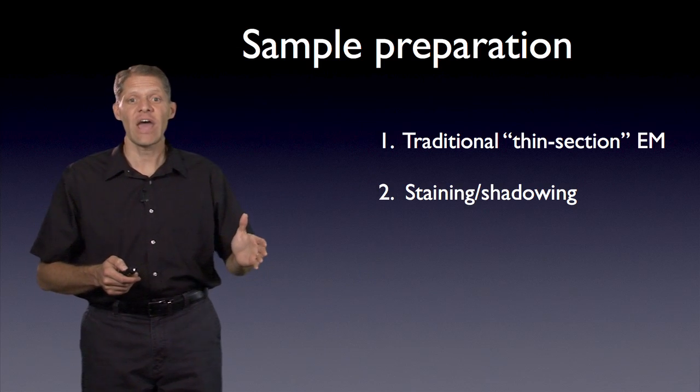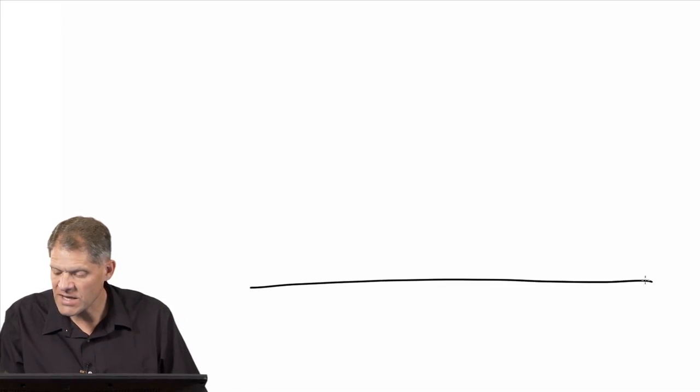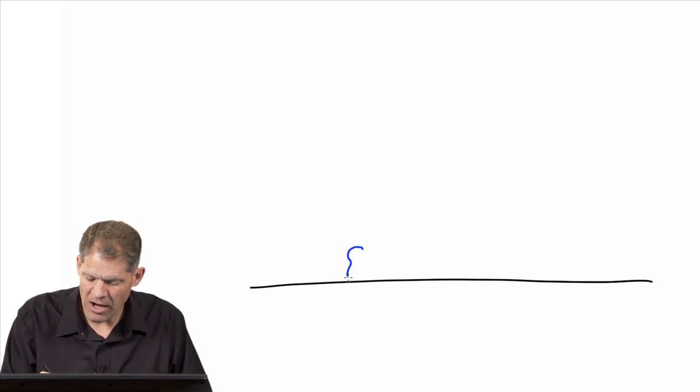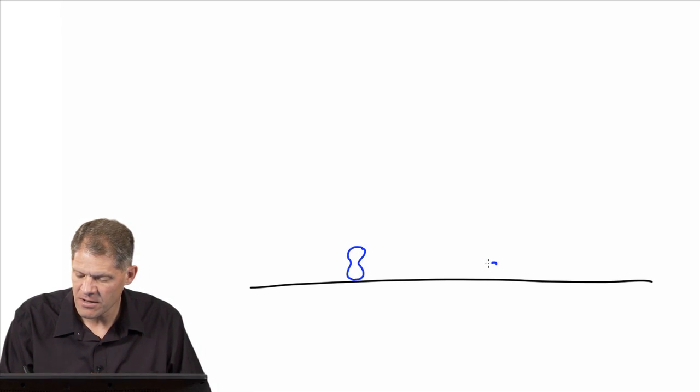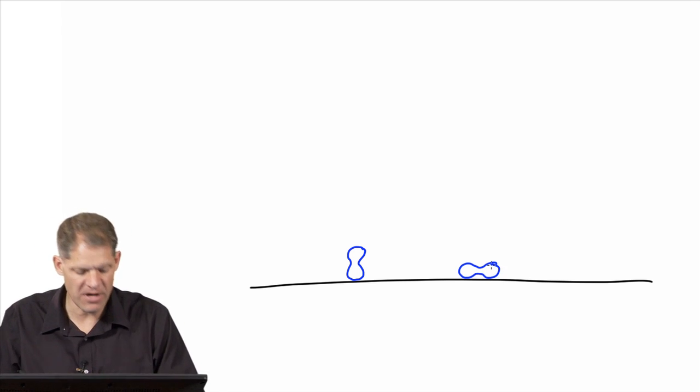Another form of shadowing is just simply called staining. In negative staining, let's say that is our grid, and that there are a couple objects of interest on that grid, maybe purified proteins, for instance, lying down on that grid.